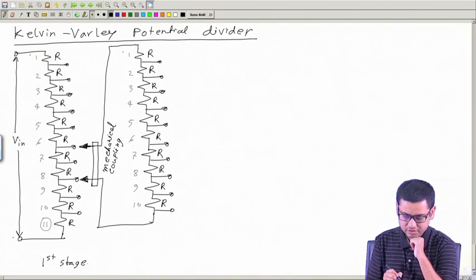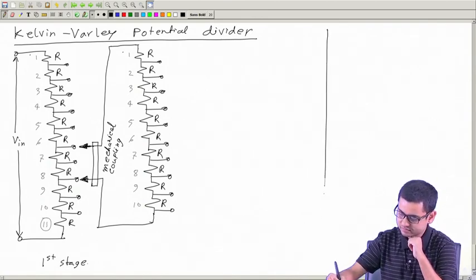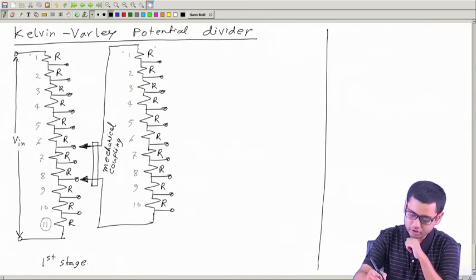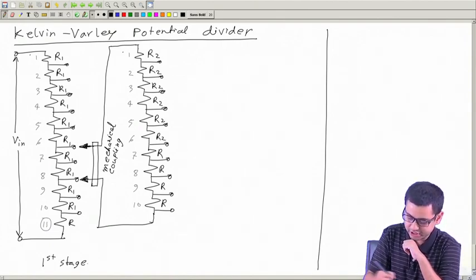And now, the next thing what I will do is, call these resistances R 1 for stage 1, and call this R 2 for stage 2, all these are equal of course, but not necessarily equal to R 1.